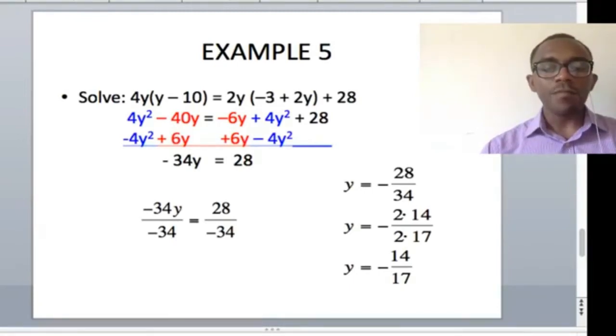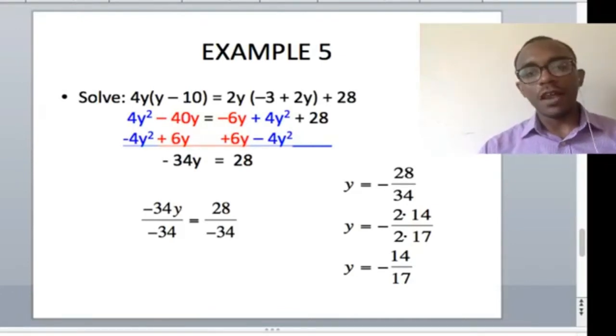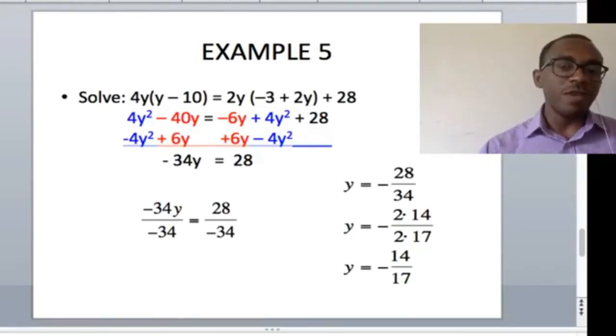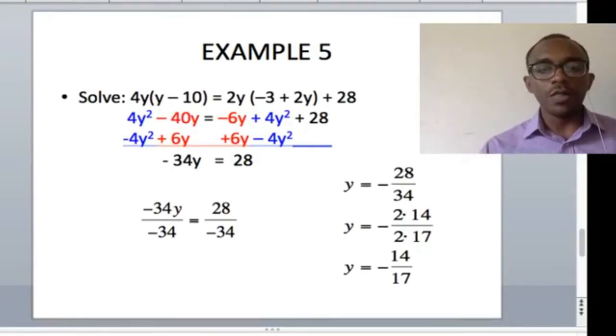Now the negative is on the left side of the fraction. If you want to put it on the top, that's fine. On the bottom, that's fine. Over there, that's also fine.